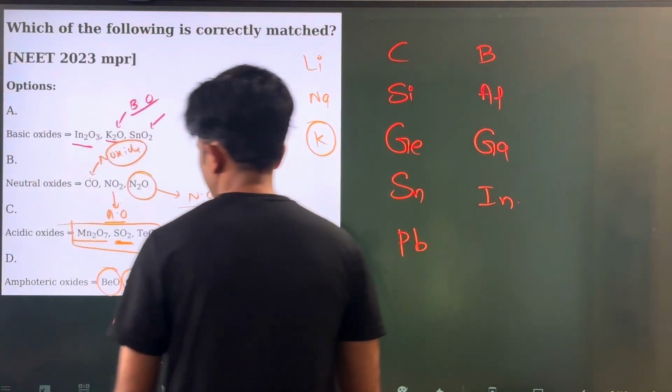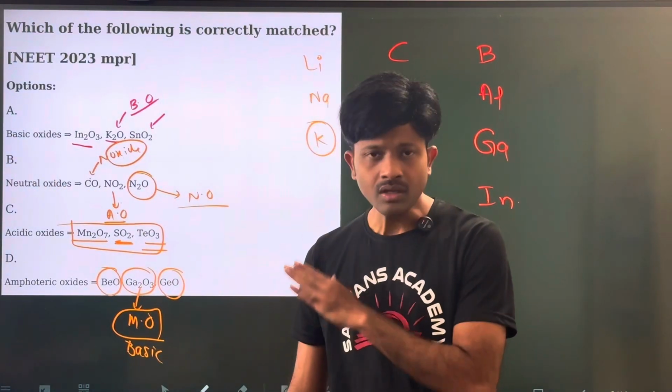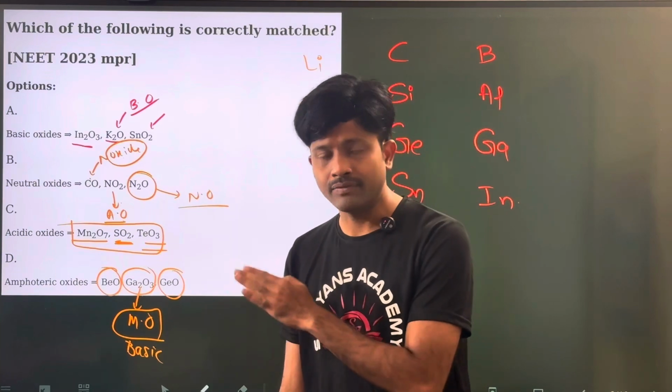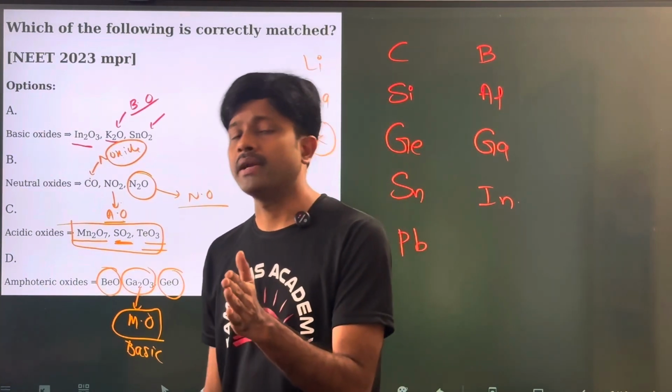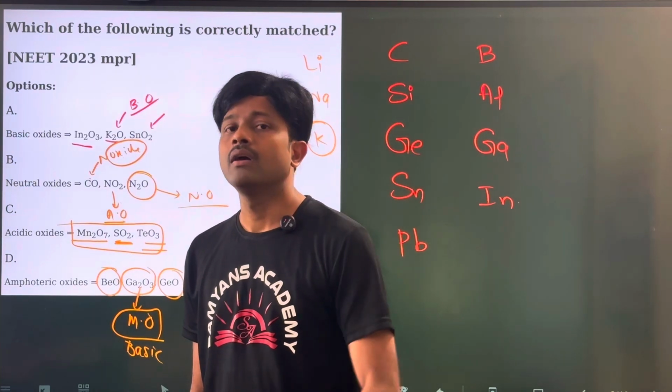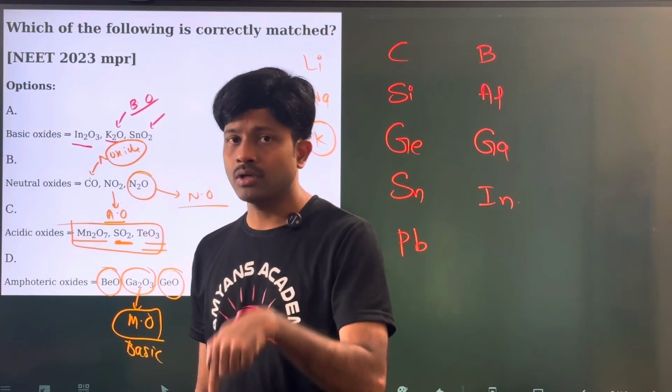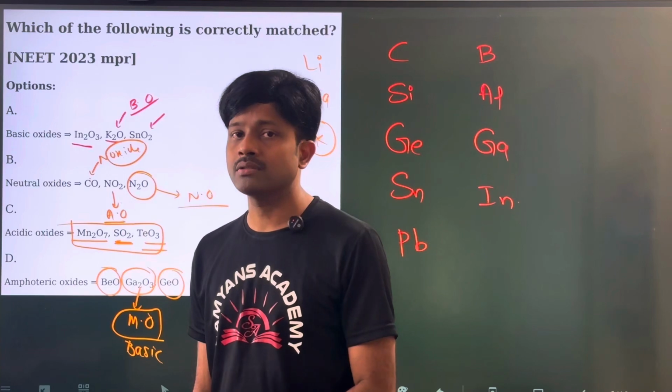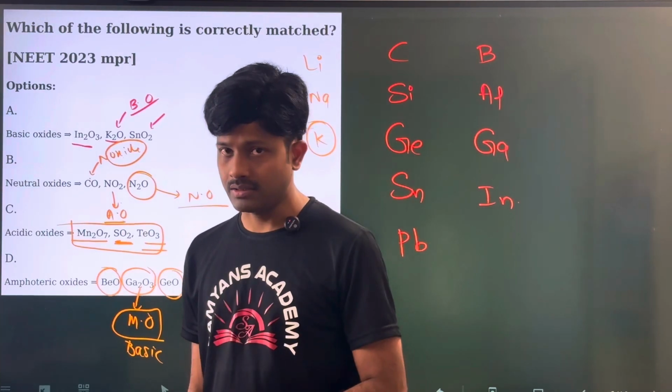Okay, already you know that. When you go from left to right across the period, metallic character decreases and non-metallic character increases. Down the group, metallic character increases and non-metallic character decreases.